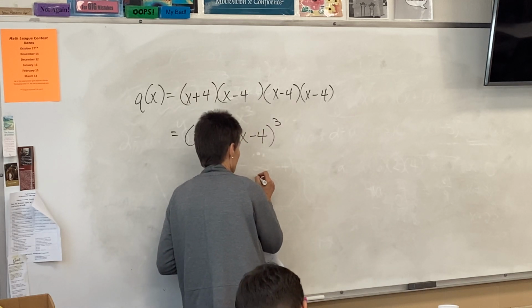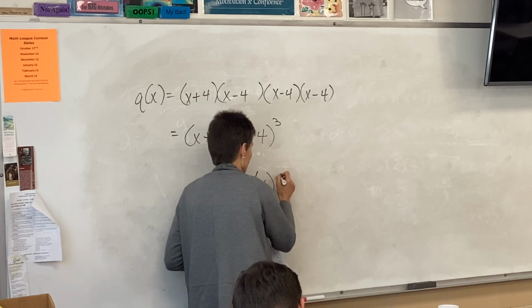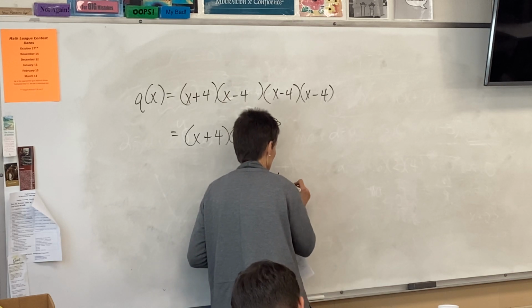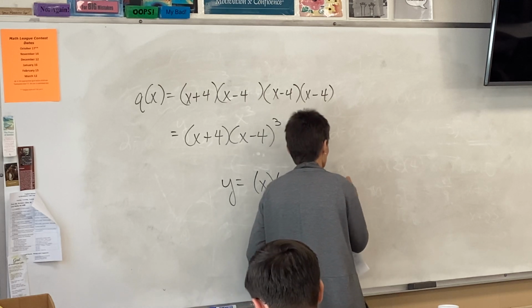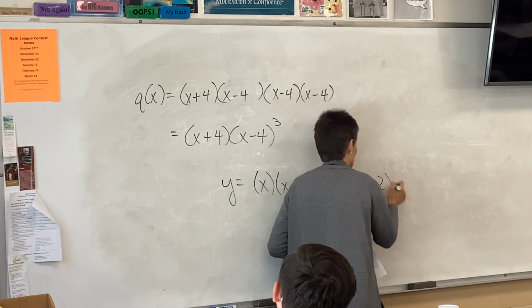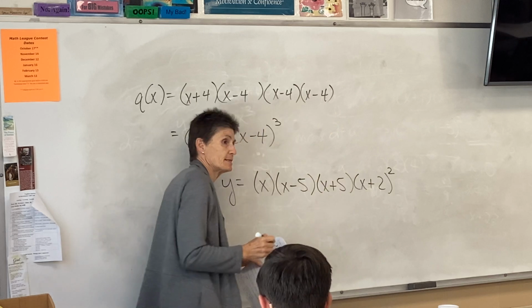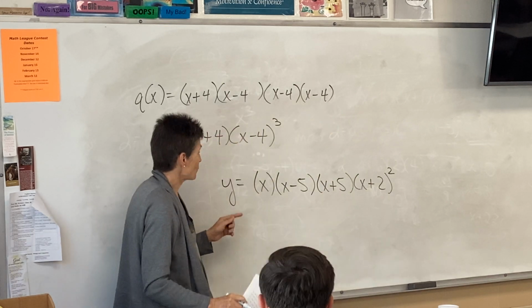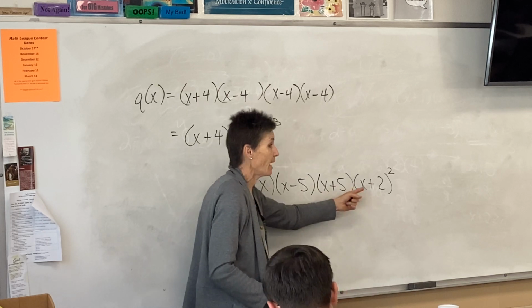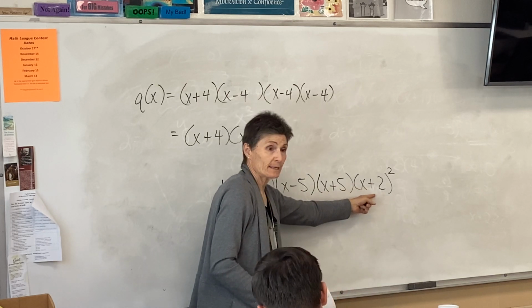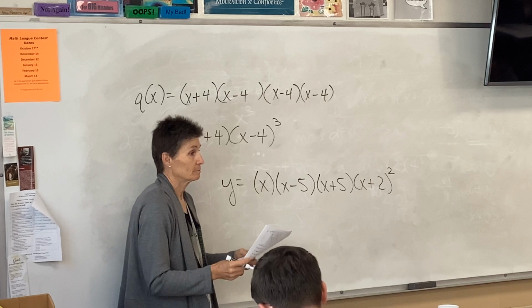I got y equals x, then x minus 5, x plus 5, and then x plus 2 squared. How do the rest of you feel? Good. So you said your zeros were 0, 5, negative 5, negative 2, and negative 2 had multiplicity 2.